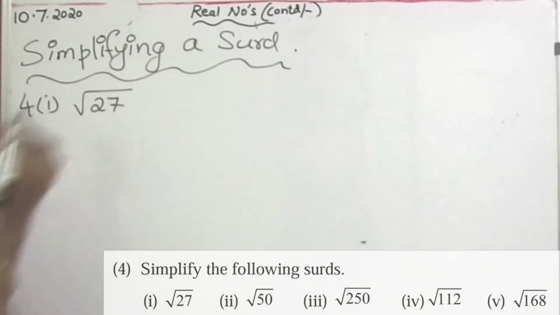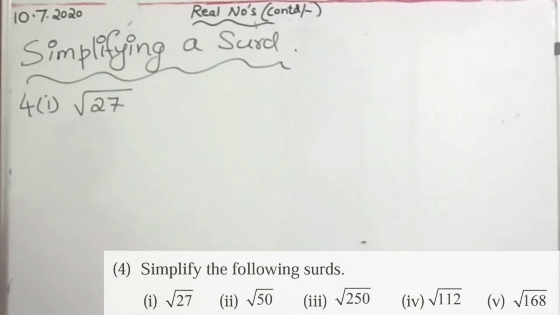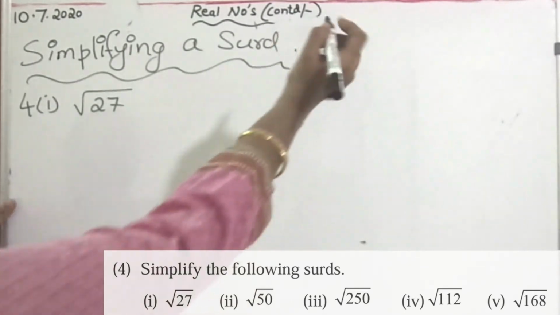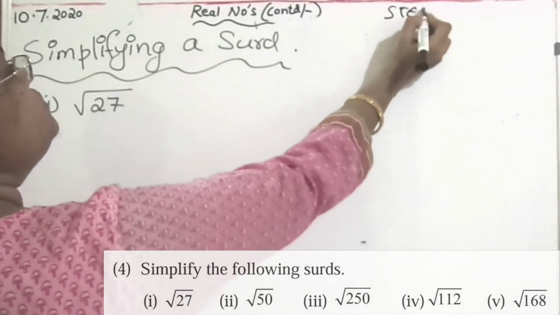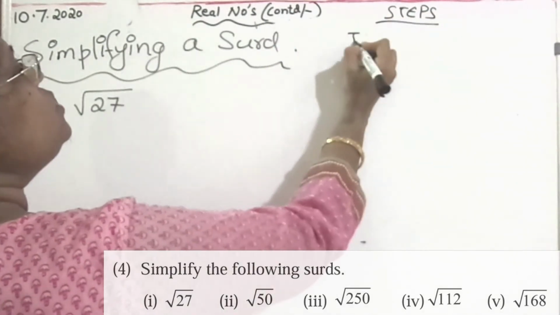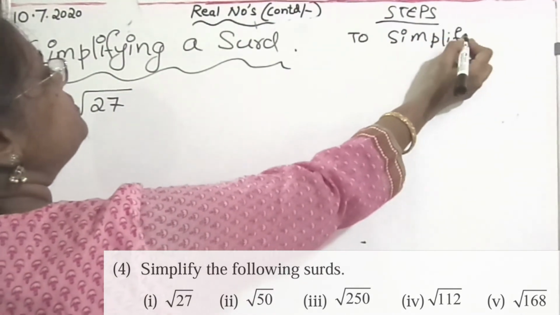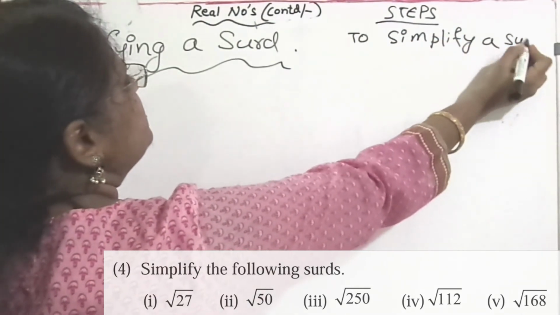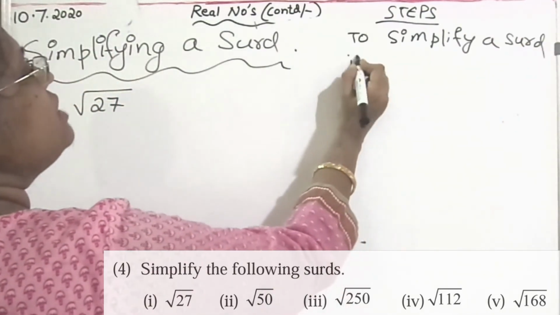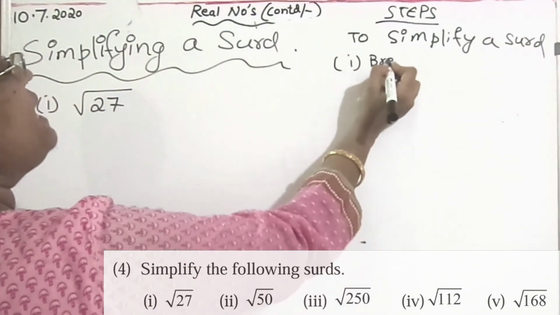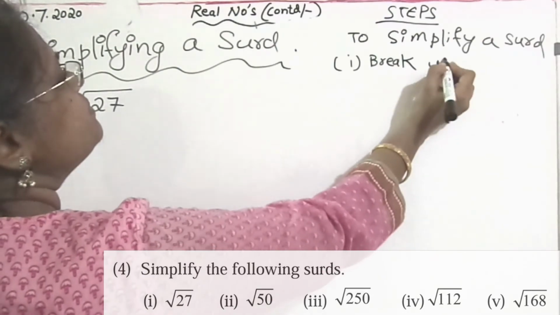Now how to simplify a surd? First you break up this 27 into factors. First break up the radicand into factors. Okay, the steps I'm going to write here to simplify a surd. The first thing, break up the radicand into factors.